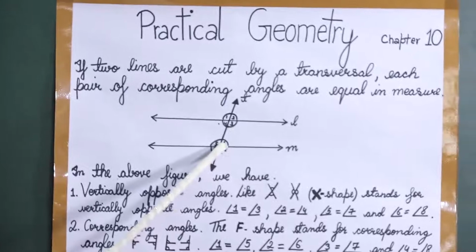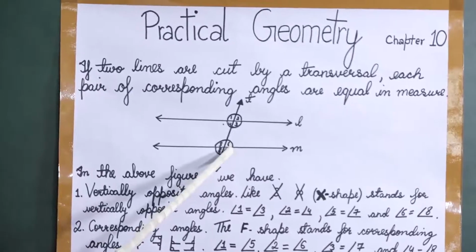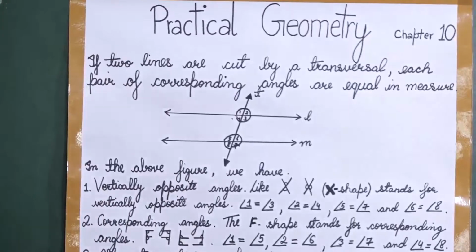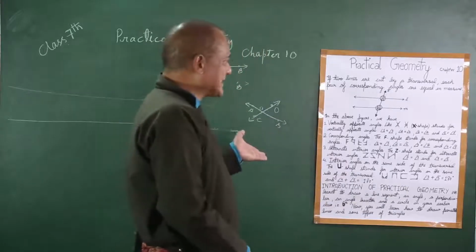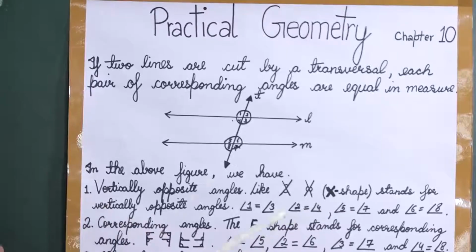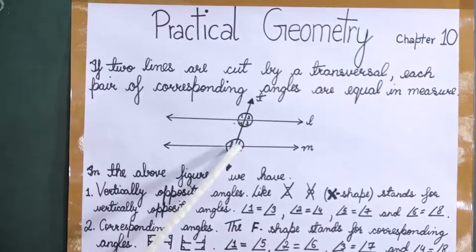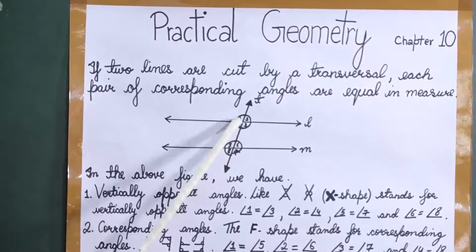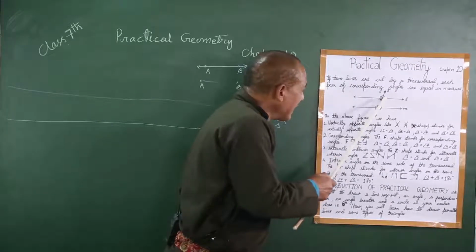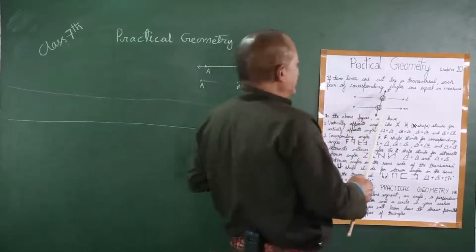This is interior angle on the same side of transversal, on the right hand side of the transversal. Now on the left hand side of the transversal, but again interior, that means angle 4 and angle 5. These are interior angles, but also on the left hand side of the transversal.